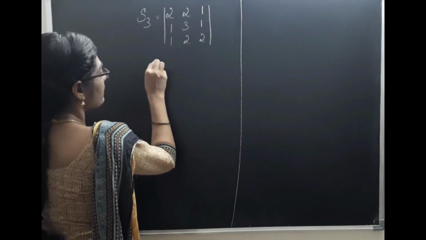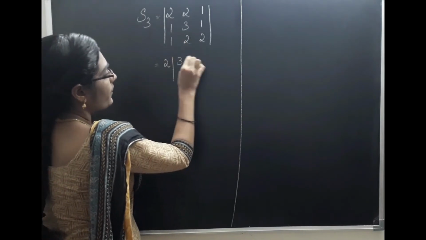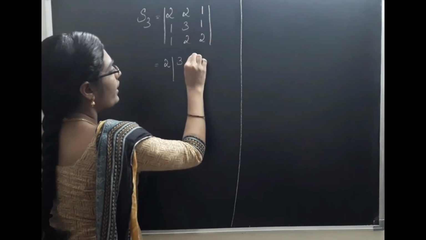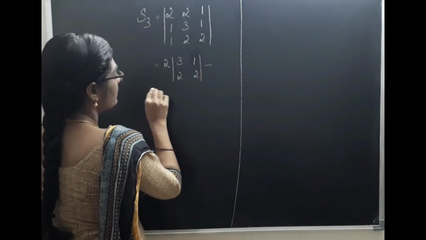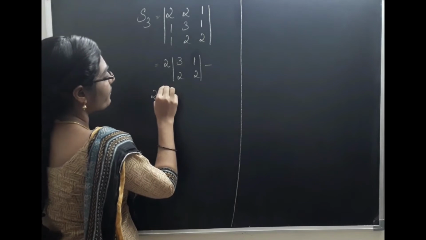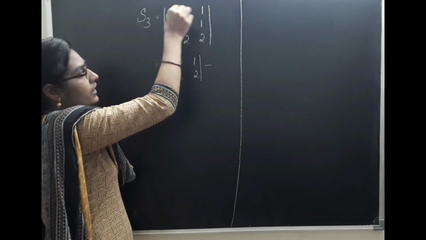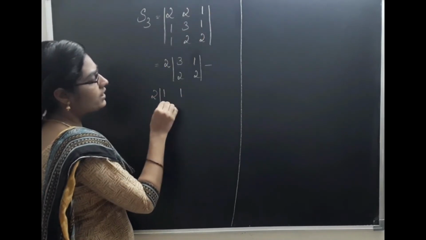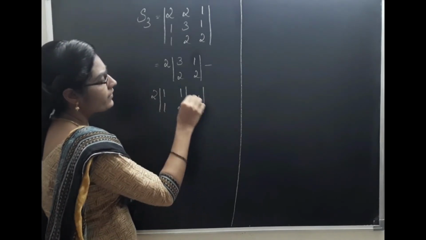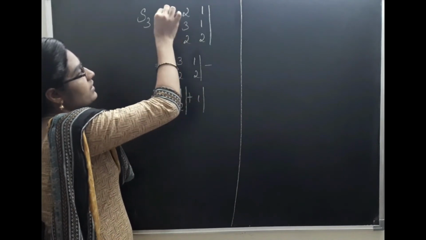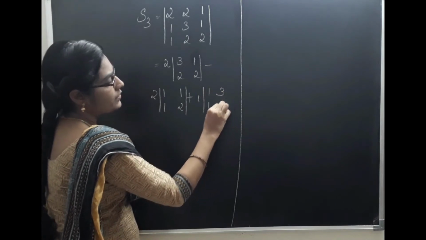First we need to write the first element and its cofactor: 2 into [3, 1; 2, 2], minus 2 into, now cancel the second column and the first row, write the remaining [1, 1; 1, 2], plus 1 into, now cancel the first row and the third column, so that we will get [1, 3; 1, 2].